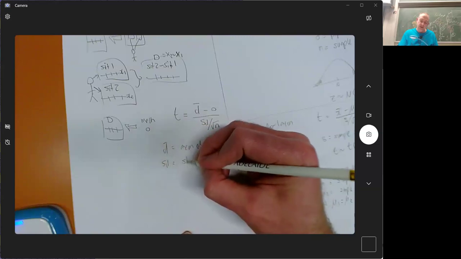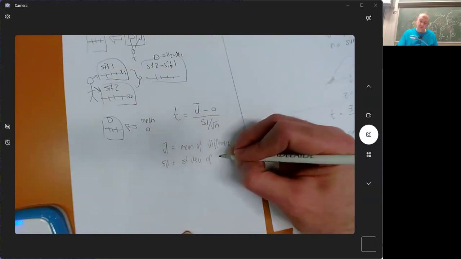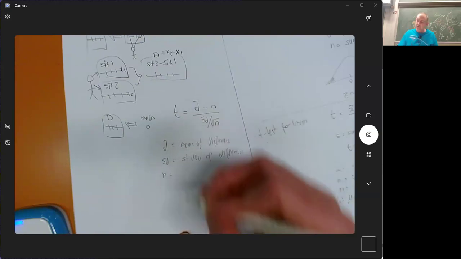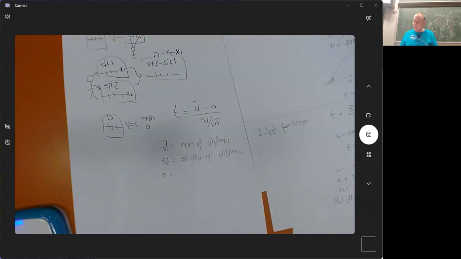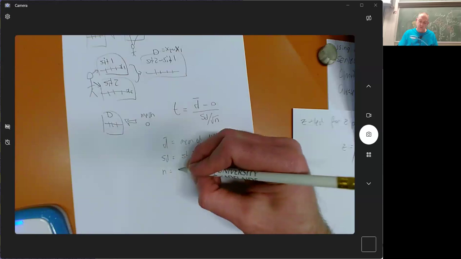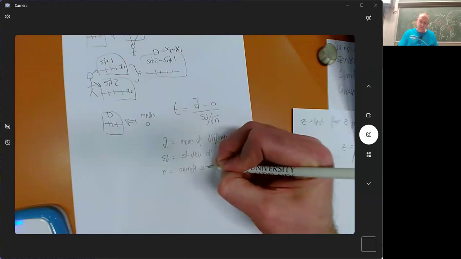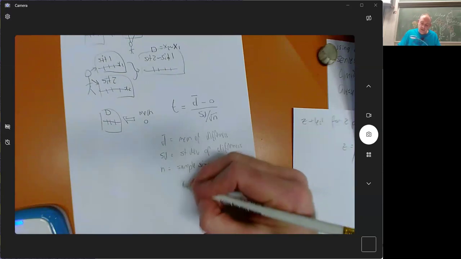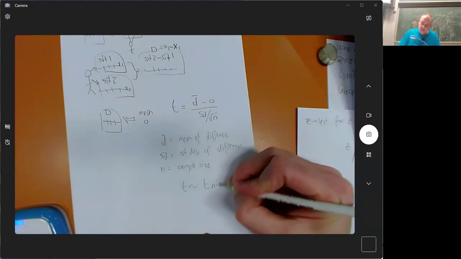SD is the standard deviation of the differences. And N is the sample size. And you don't have to have a separate N for the two different situations because it's the same people twice. So they're just the same people again. You don't need a different N for that.